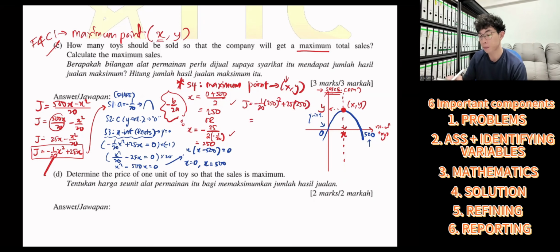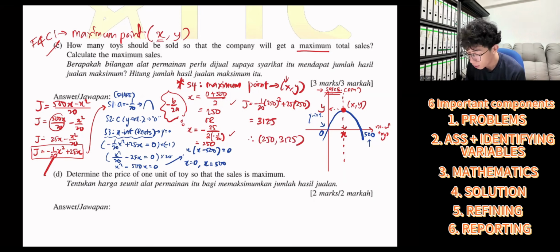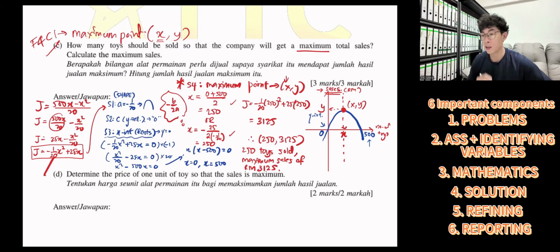What do you get? You get 3125. So you put therefore, according to coordinate (250, 3125), 250 toys sold, comma, maximum sales of RM3,125. Stop. This is how you write.